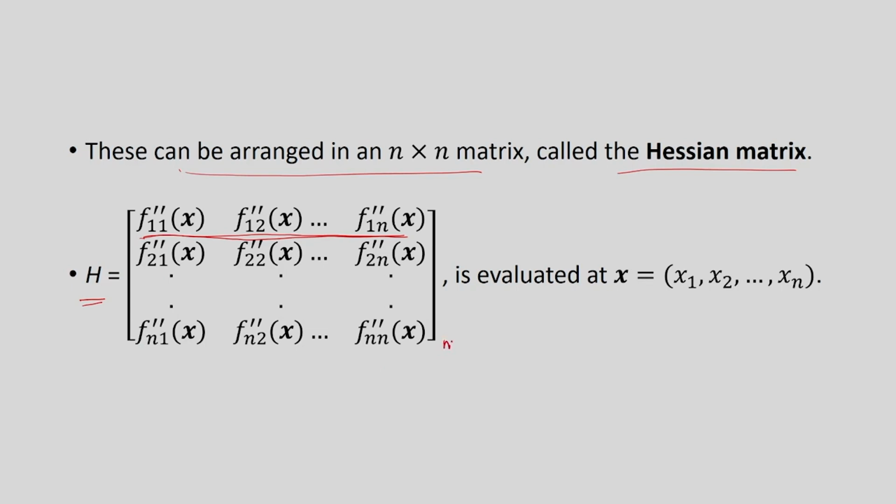So, this is an n by n matrix, and within the brackets these are the x's, right, and these x's, as we have seen, are vectors. So, this Hessian matrix is evaluated at this particular vector x, where x is equal to x1, x2, dot dot dot, xn.